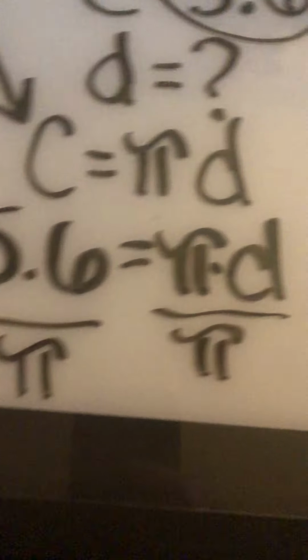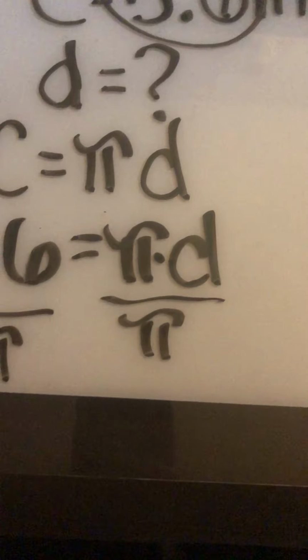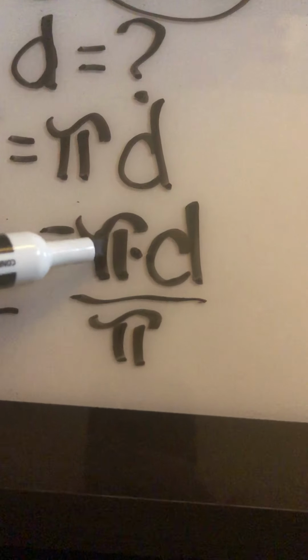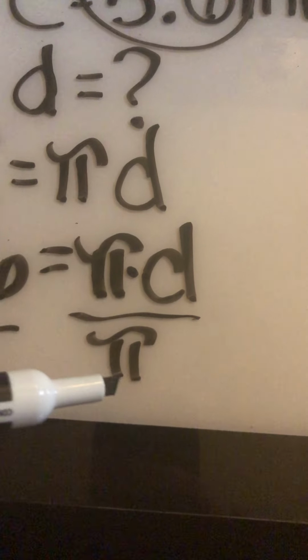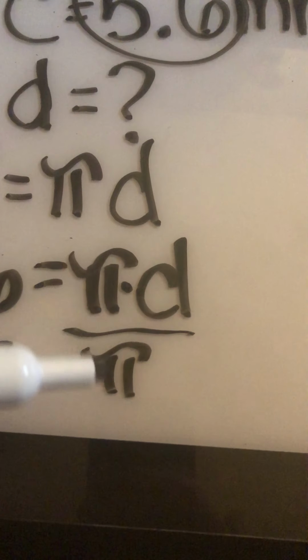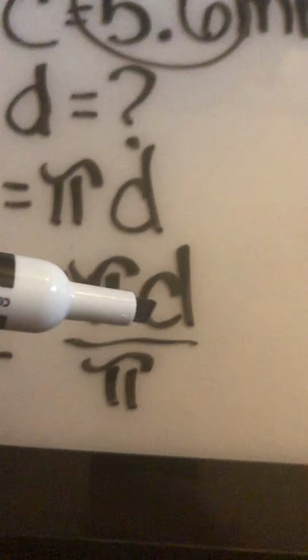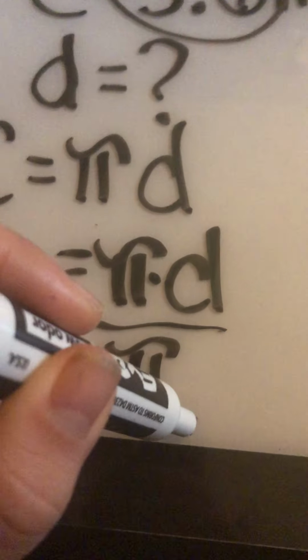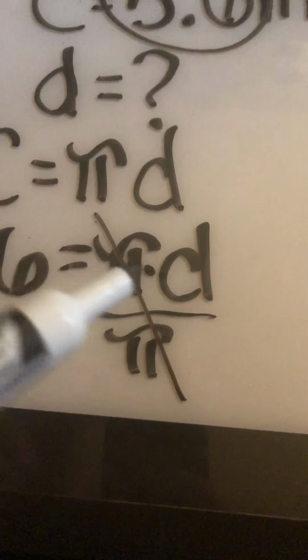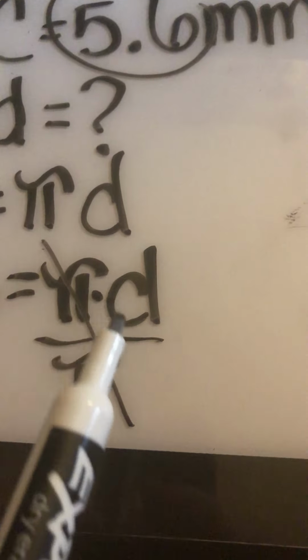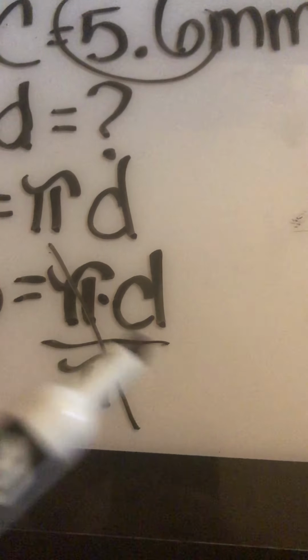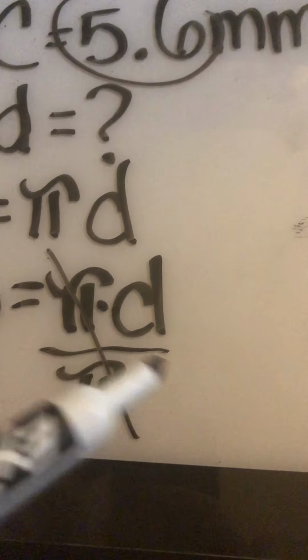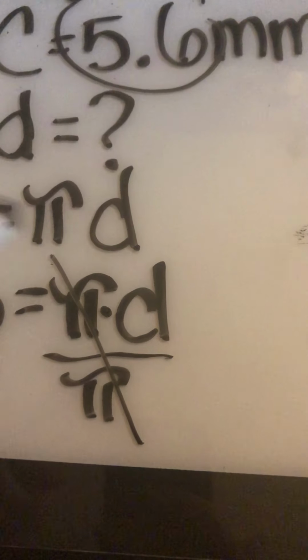And let's watch what happens. So over here, like before, anytime you have something over itself, before it was 2 divided by 2, it equals 1. Pi divided by pi is going to be the same thing. It's going to be equal to 1. So we're able to cross it out because we know that a 1 in front of the diameter is the same as writing just diameter by itself, or D by itself. So we got that done.